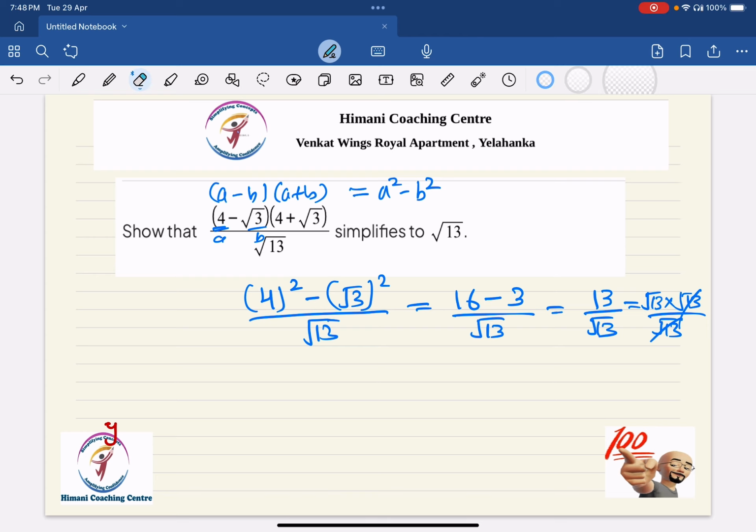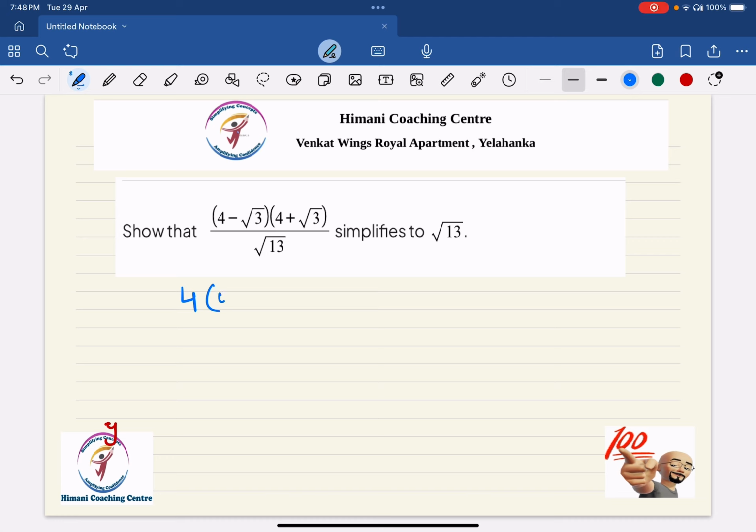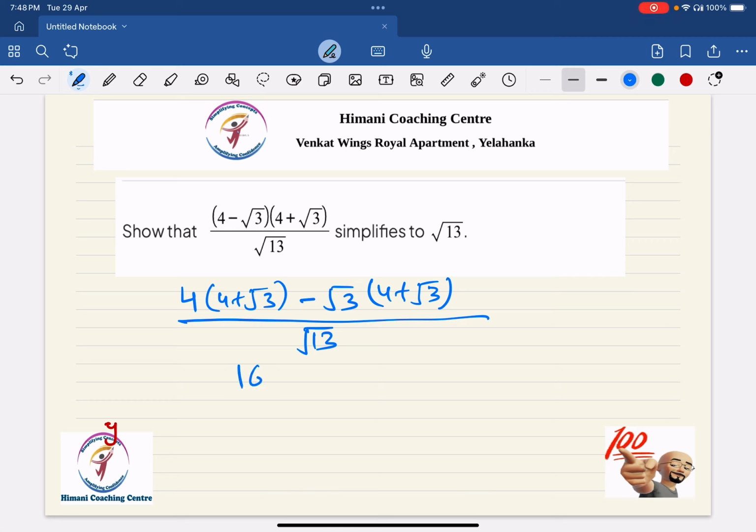In case we do not know this formula, then what should we do? Let us do the multiplication and get the same answer. In the numerator, I am going to use 4 times (4 plus root 3). Then negative root 3 also gets multiplied with 4 plus root 3. We will get the same answer. Now 4 times 4 is 16 and 4 times root 3 is 4 root 3.